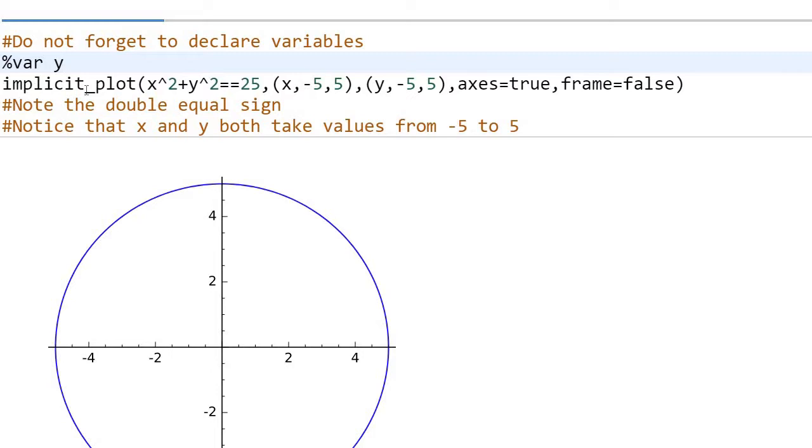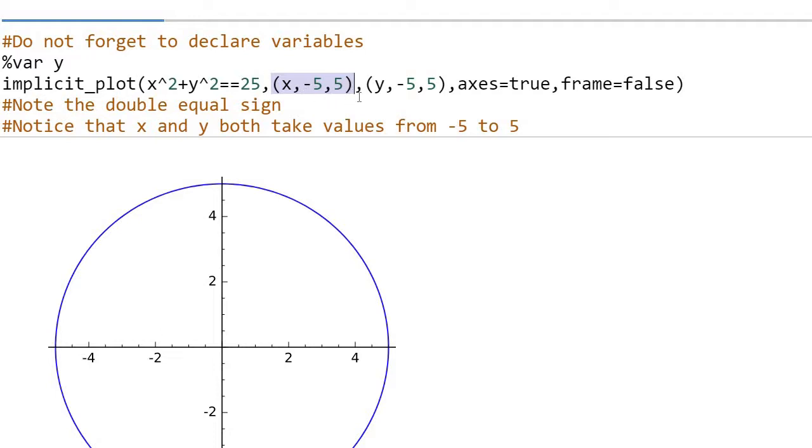So here it is, implicit_plot, parentheses. Here's the equation that defines our implicit function, x squared plus y squared equals 25. Notice again the double equal signs here. And then you put a comma, and this is how you specify the range for the x variable. You put parentheses, and then x to say, okay, I'm talking about x, comma, and then minus 5 to 5. This is the x min and the x max.